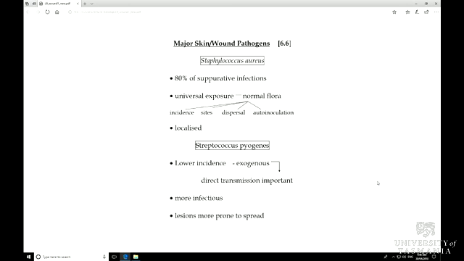Once you remove the mupirocin, they become recolonised and they're a carrier again. It can't make them permanent non-carriers, but can make them temporary non-carriers for the period of high risk. If you overuse mupirocin, the risk is that strains will emerge that are mupirocin resistant. So you don't overuse it. You only use it for key patients where they're at high risk.